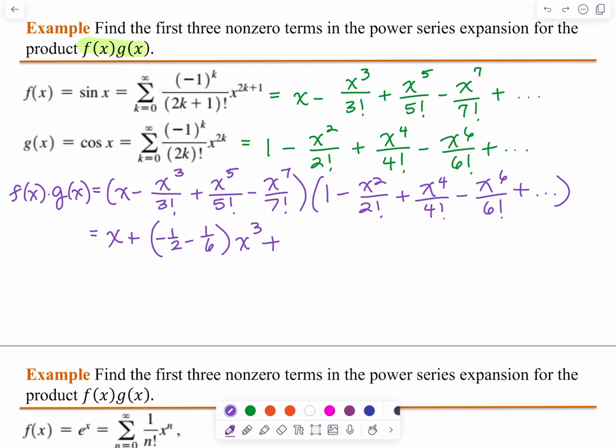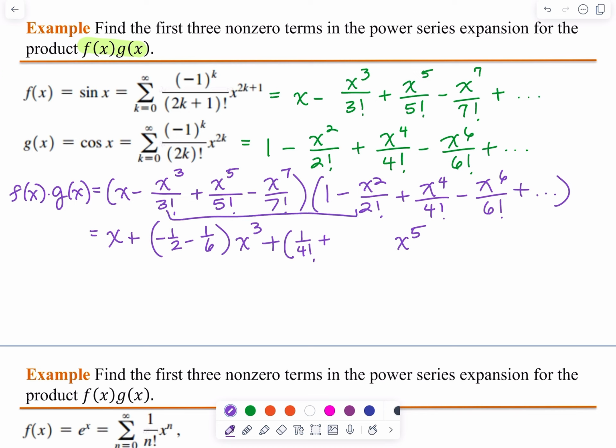So let's do that. We're going to factor out an x to the 5th. And let's go ahead and take that. The first that we're going to get is going to be this x multiplied by this one, and that's going to be a 1 divided by 4 factorial. And then we're going to add this term and this term multiplied together.